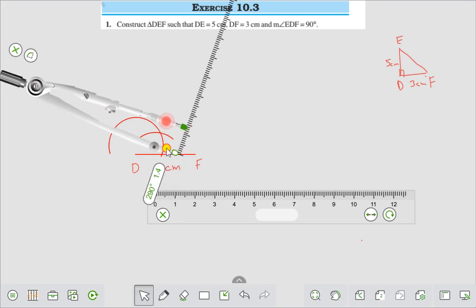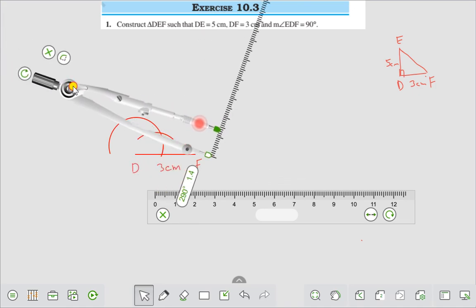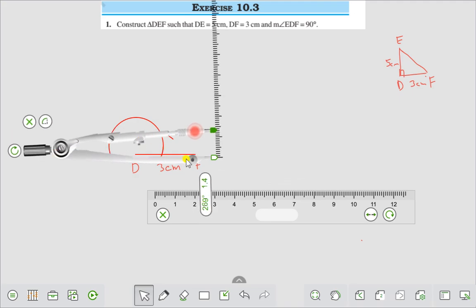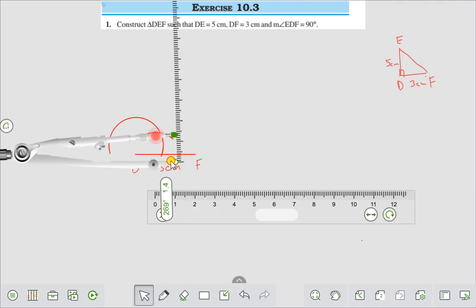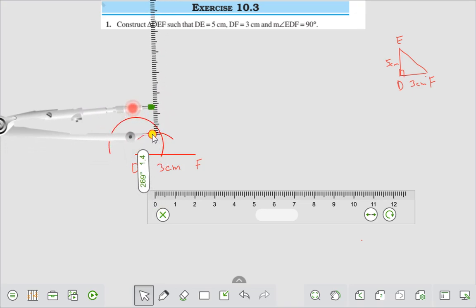Taking this pointer here, take another arc. Take this point here and take another arc from here.